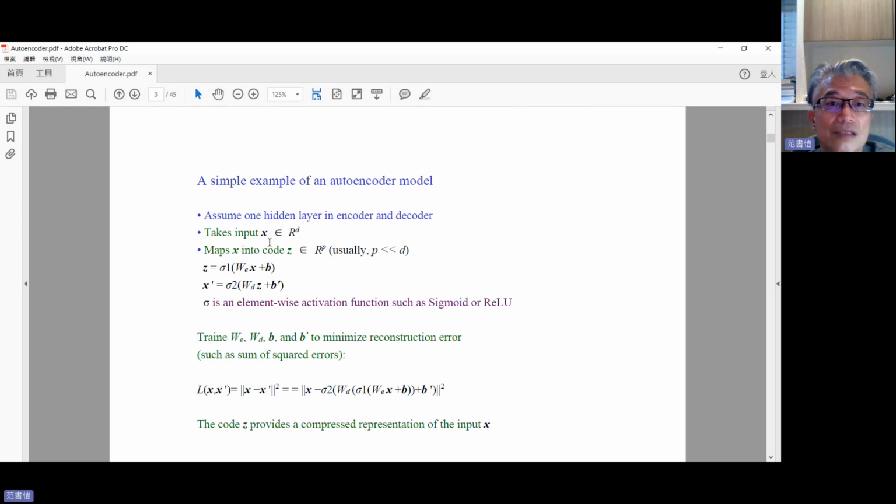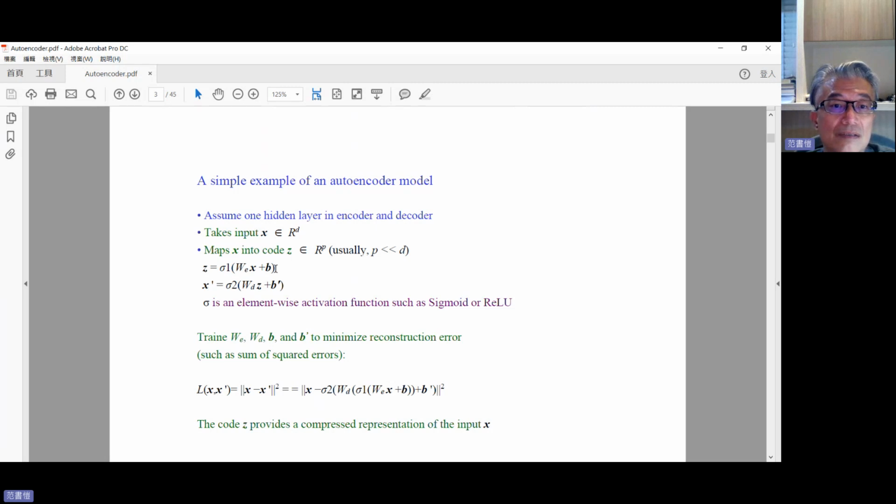It takes input x belonging to the Euclidean space R^D, and maps x into the encoding z in the latent space R^P, where P is much, much smaller than D. So z can be the transformation sigma 1 of W_E times x plus b. b is the bias vector, as before in the CNN.